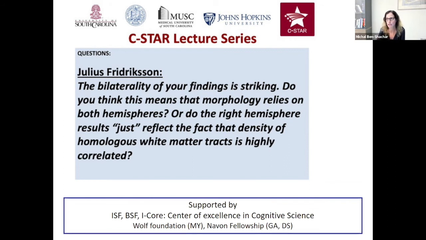However, what you're suggesting we can test. There are a lot of analyses that have been done and I don't remember all of them, but it's possible to partial out the internal associations between the left and right homologous pathways and see if the association survives this.